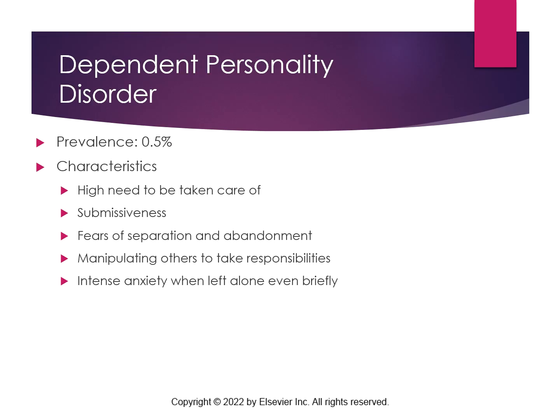For dependent personality disorder, the prevalence is 0.5%. The characteristics are a high need to be taken care of, submissiveness, fears of separation and abandonment, manipulating others to take responsibilities off their shoulders, and intense anxiety when left alone, even briefly.